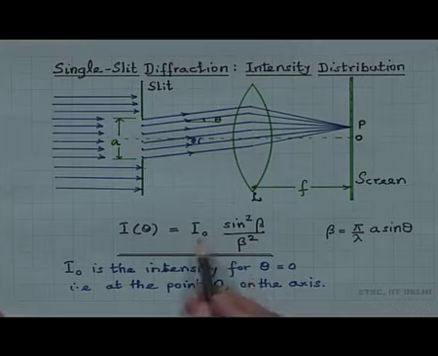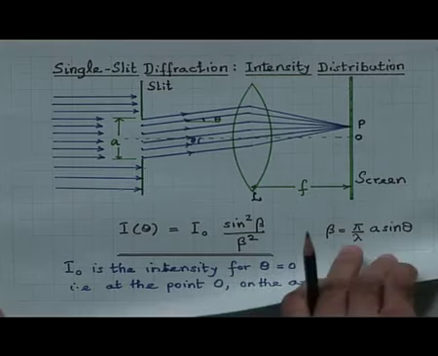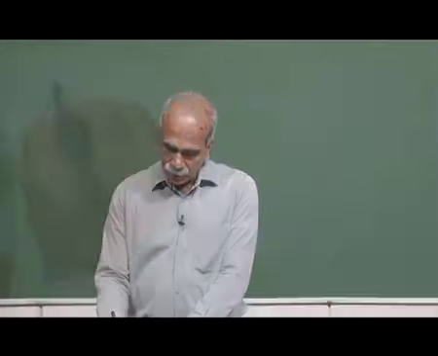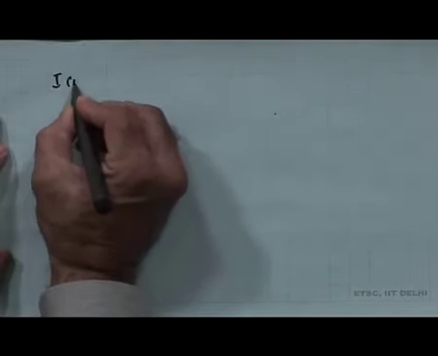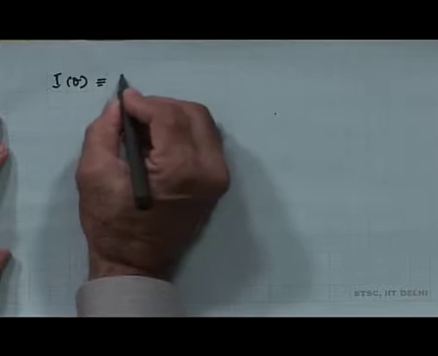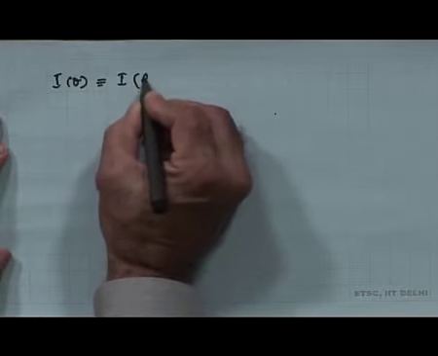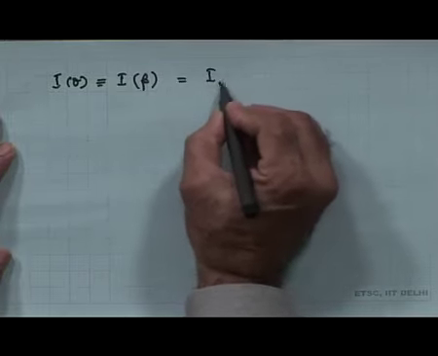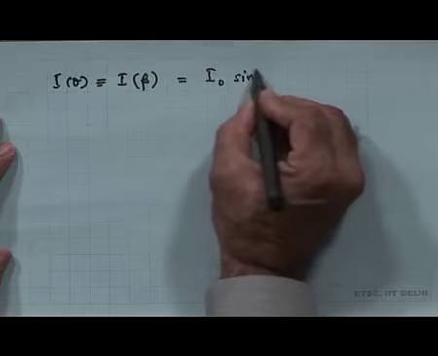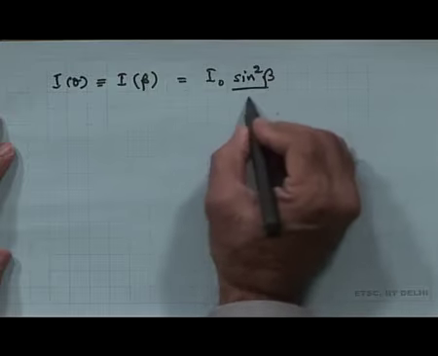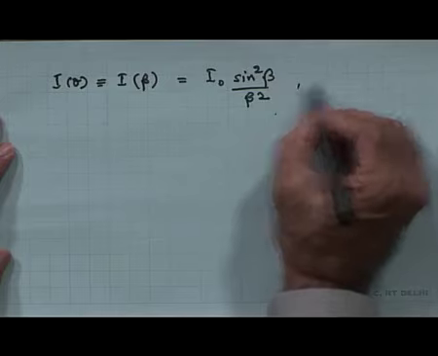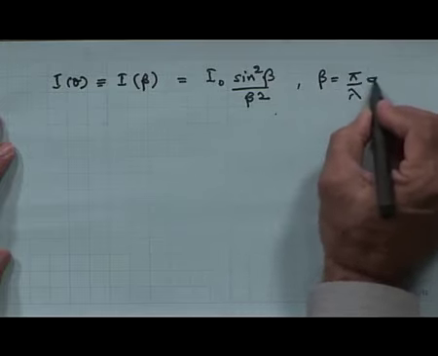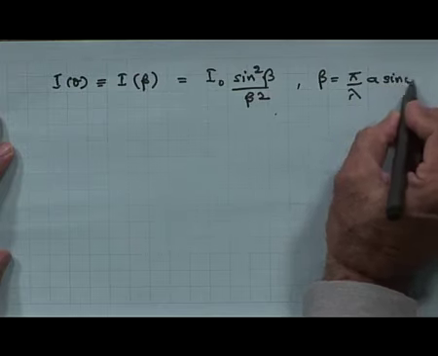So, I of theta is equal to I of beta, because beta is related to theta, equal to I 0 into sine square beta divided by beta square, where beta is equal to pi by lambda into a sine theta.